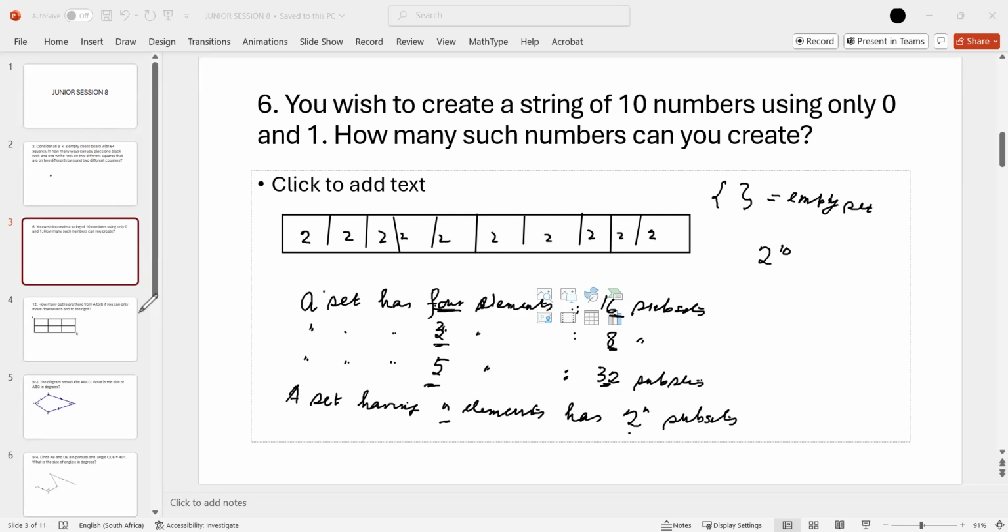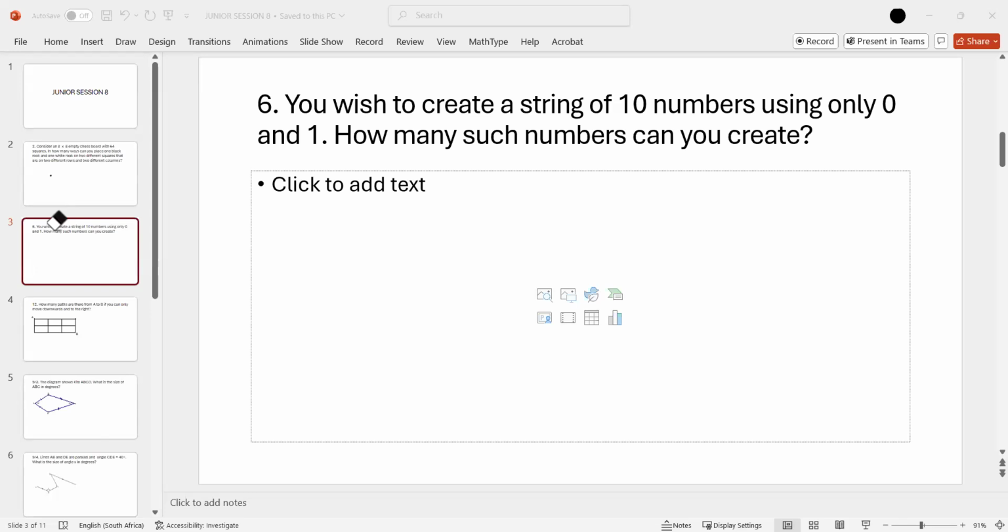But how do you prove that? Well, let me just take all these things out. Now the way to do that is very clever. There's a way of proving. Let's take 5. I don't want to write down all those 32 subsets. I want to find some clever way of counting the subsets.